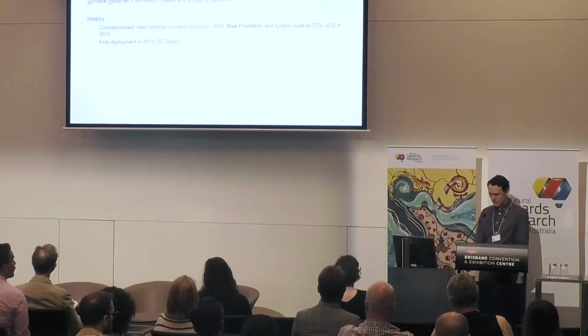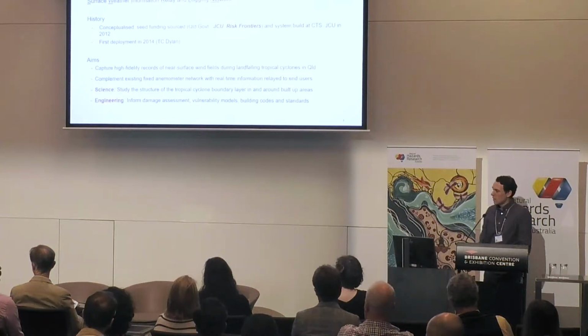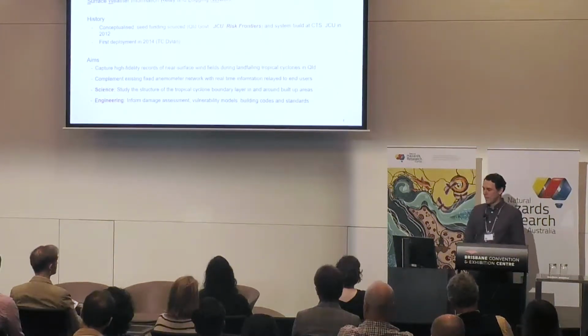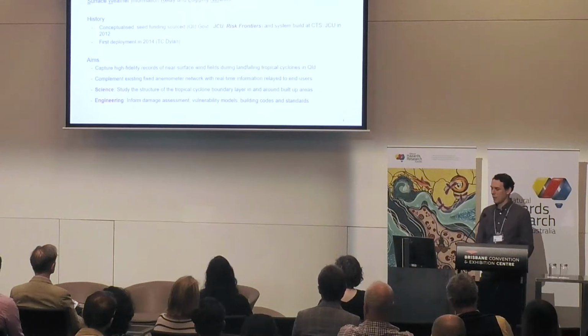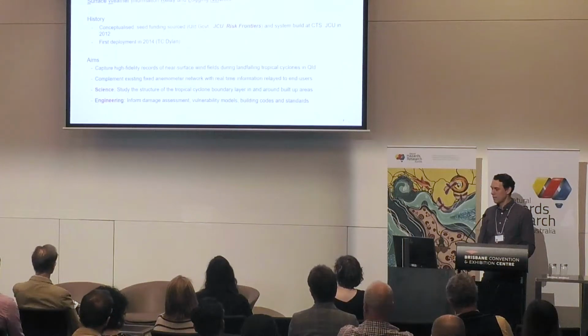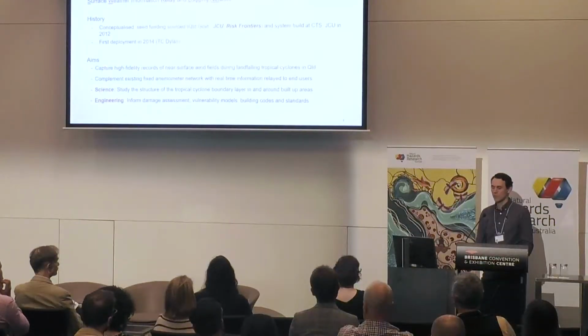I'll get to actually showing you what it looks like in a second, but the aims of what we were trying to do was really to capture some high fidelity records of the near surface winds during landfalling tropical cyclones. This is along the Queensland coastline, and being a very long coastline means you can't get very far very quickly, and the road network doesn't facilitate you getting to many locations.